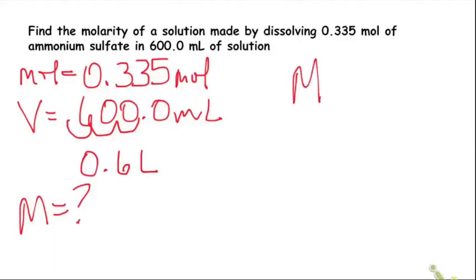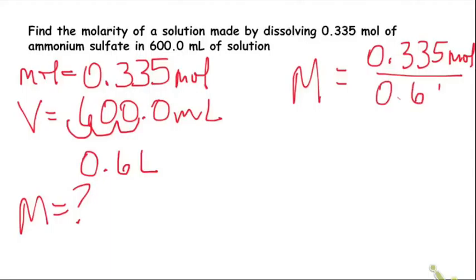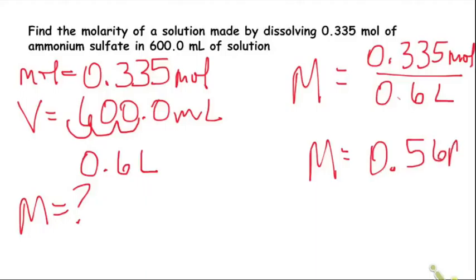So M is going to equal 0.335 moles over 0.6 liters. And we do our math, and we find that our molarity is equal to 0.56 molar.